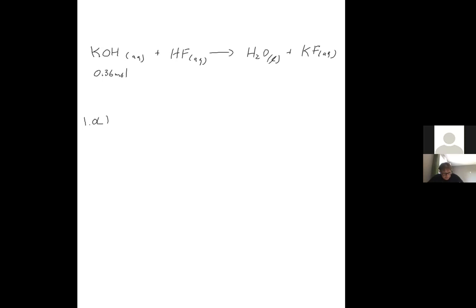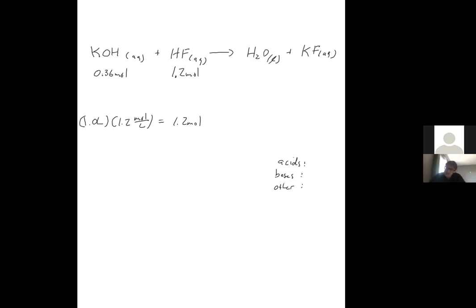1 liter times 1.2 moles per liter of the HF. So that's 1.2 moles. Again, they're making the numbers easy for us. Okay, so those are the amounts, and then we're going to run through the reaction, figure out what the acids are, the bases, and then the others. Okay. So which one's the limiting reactant?